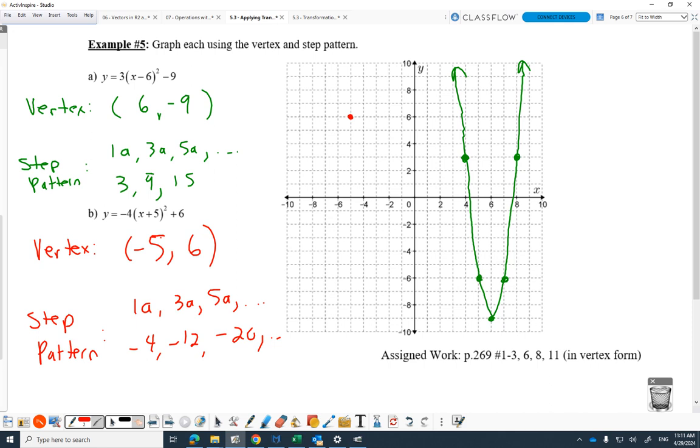So from that vertex down 4, 1, 2, 3, 4. Then from that point down another 12, which is all the way down to here. And then the matching points on the other side. Boy, that's thin. That's been really vertically stretched. So now it's a very thin graph. Ooh, I gotta be careful to get that to go through there smoothly.